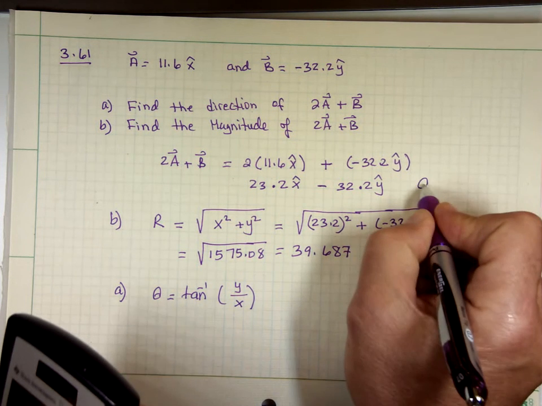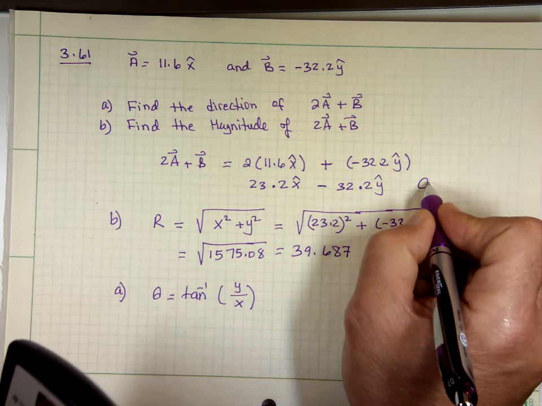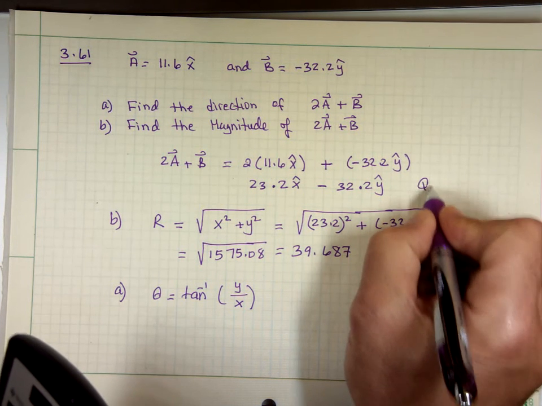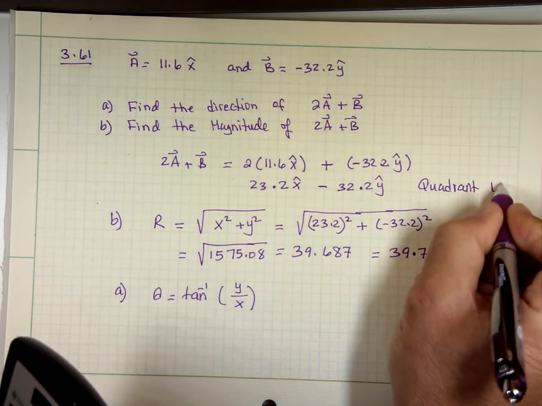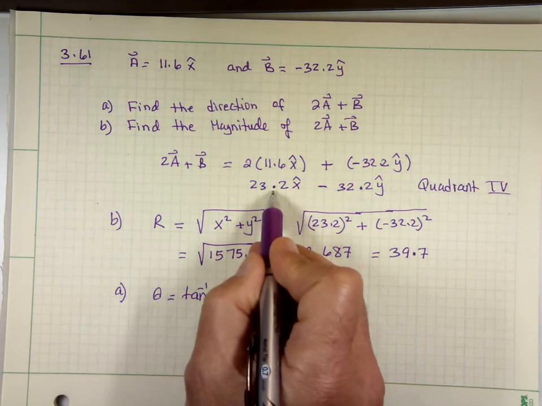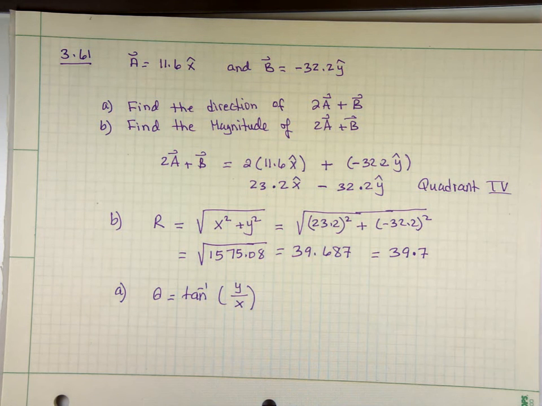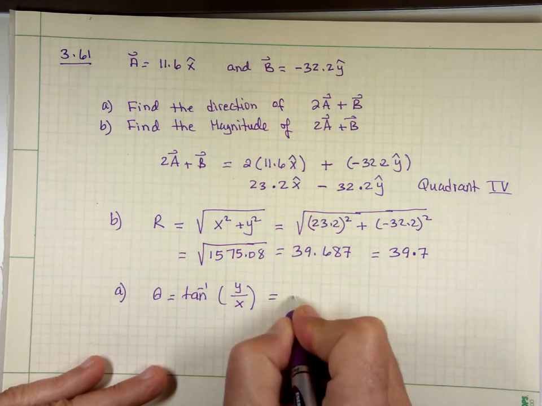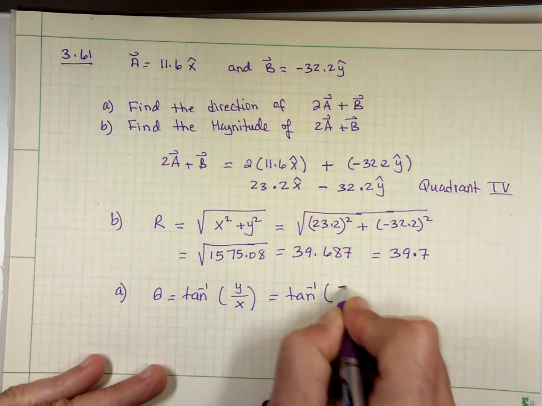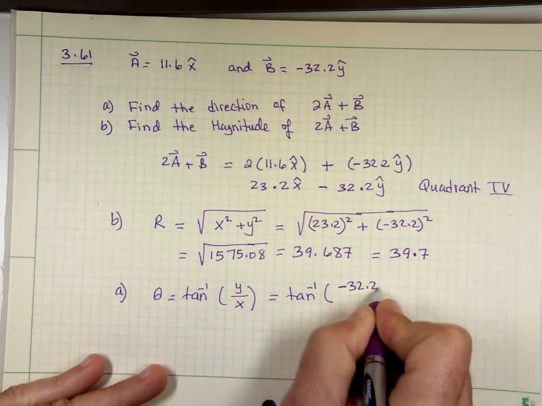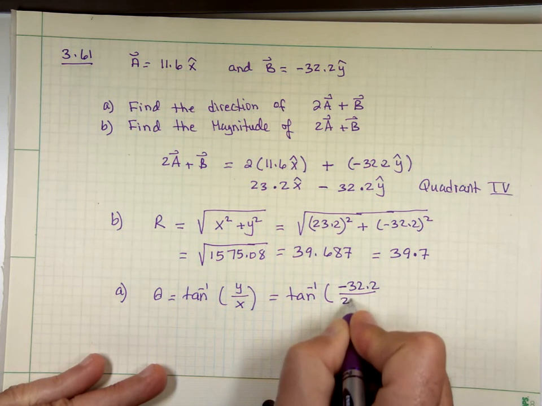Which quadrant? Quadrant 4. X is positive, y is negative. To the right and down. Quadrant 4. Do we add 180? No. So theta will be the inverse tangent of y. What is y? Negative 32.2 over x, which is what? 23.2.